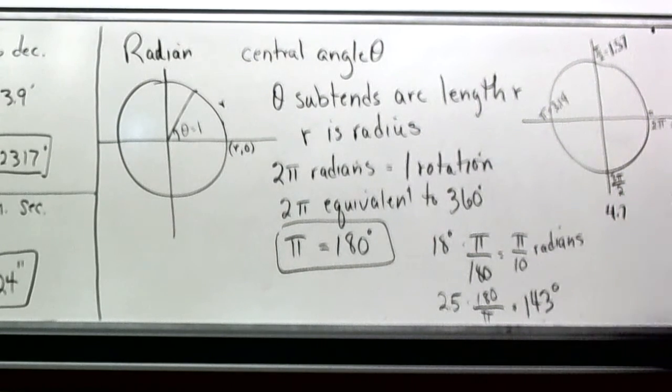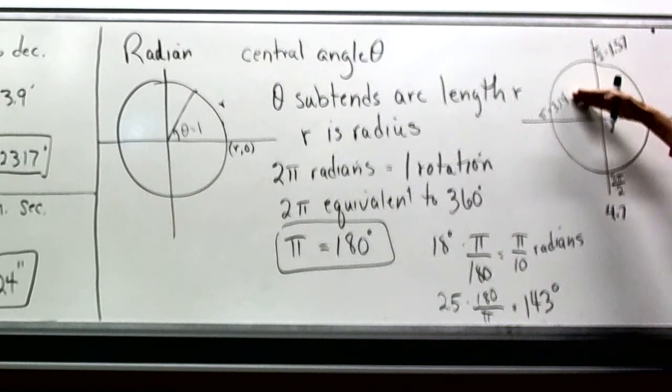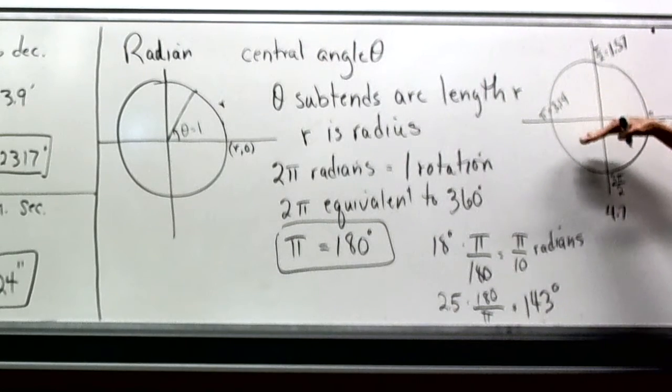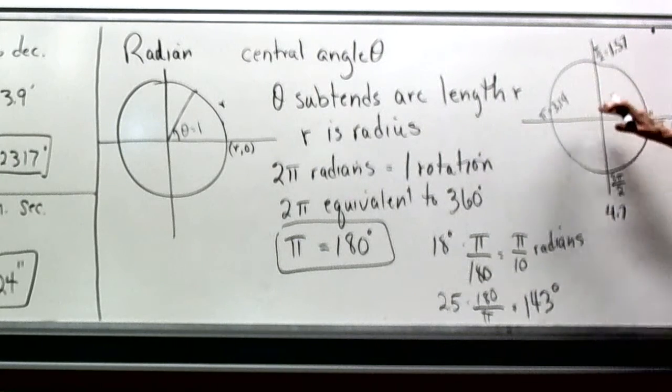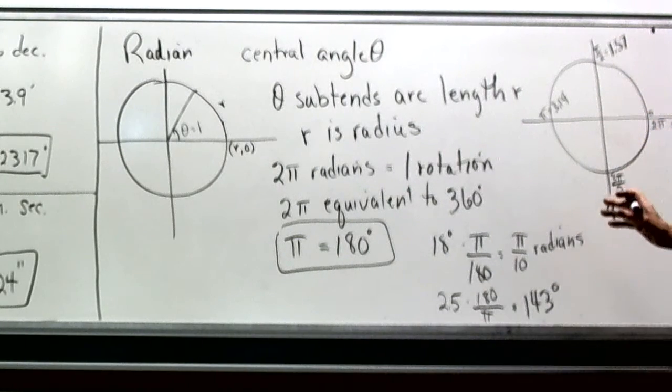So if you're talking about radians, 3 radians in standard position would have a terminal side in quadrant 2, whereas 4 radians would have a terminal side in quadrant 3. One of the shortcuts we take when we're describing angles is just to say where the terminal side is.